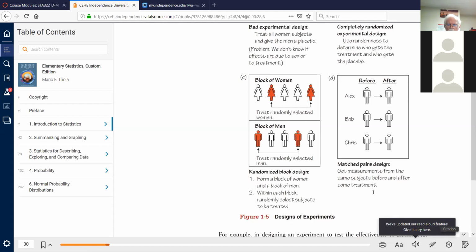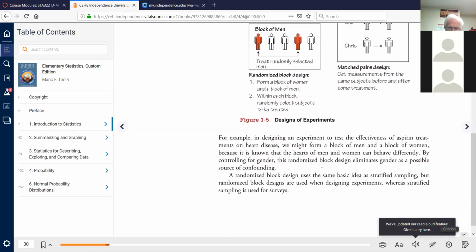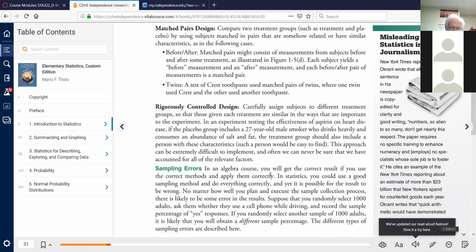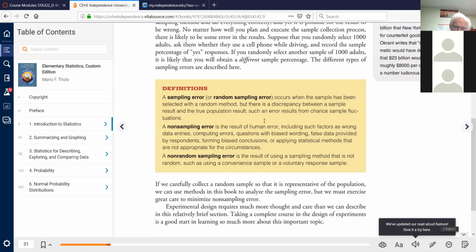So there's a lot of things that you have to take into consideration. You might just be looking at siblings. One way or another, you look at these matched pairs, so you're getting measurements from them before and after a treatment, but there are lots of different kinds of matched pair designs. So there you can read through sampling error.